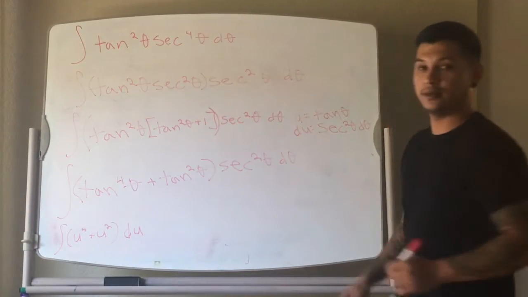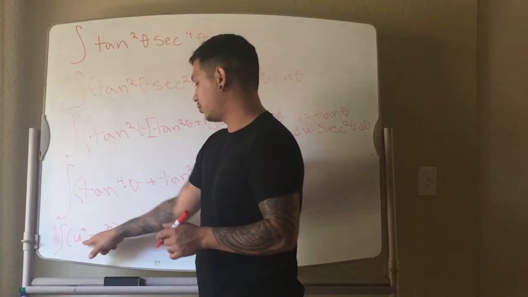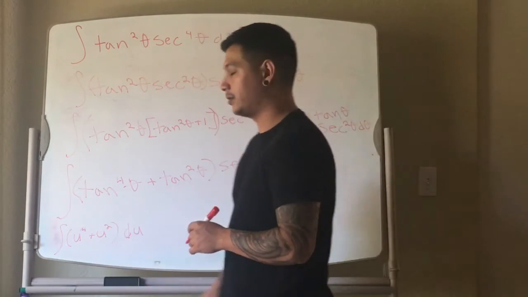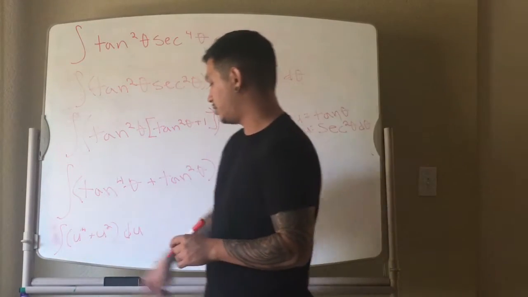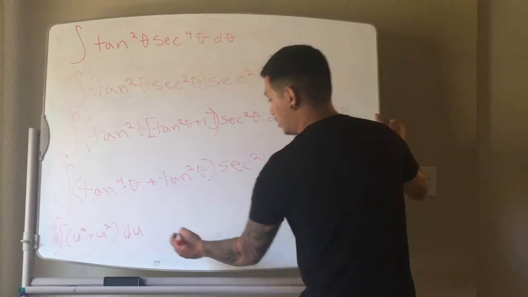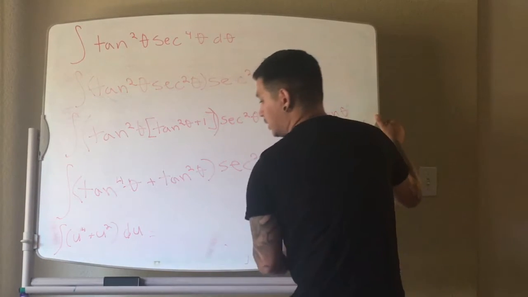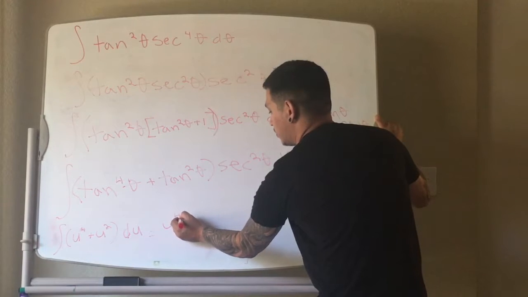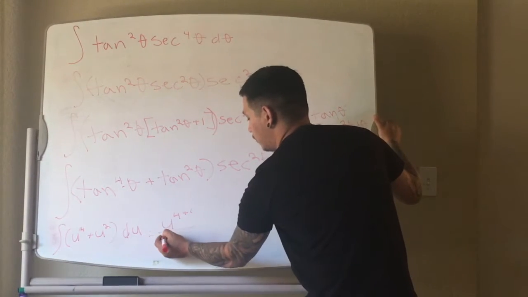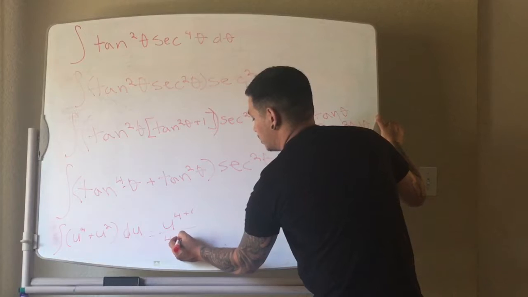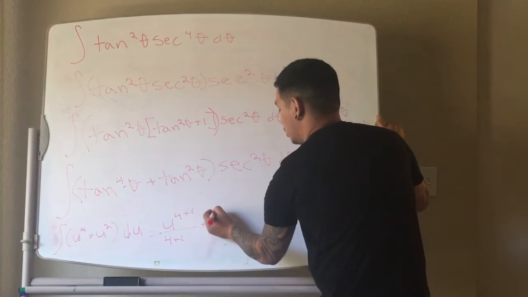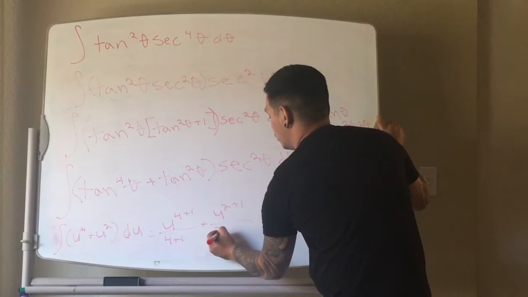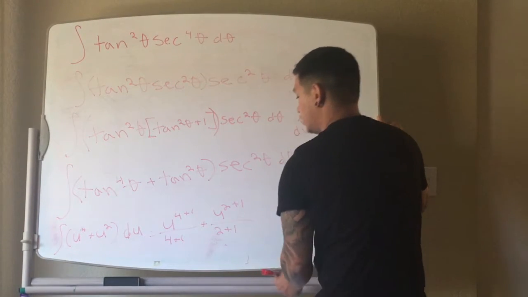All right, well, this is just taking integrals of an addition problem. So you could distribute your integral to both sides, and remember, you take your exponent, add 1, and put 1 over whatever your exponent is.